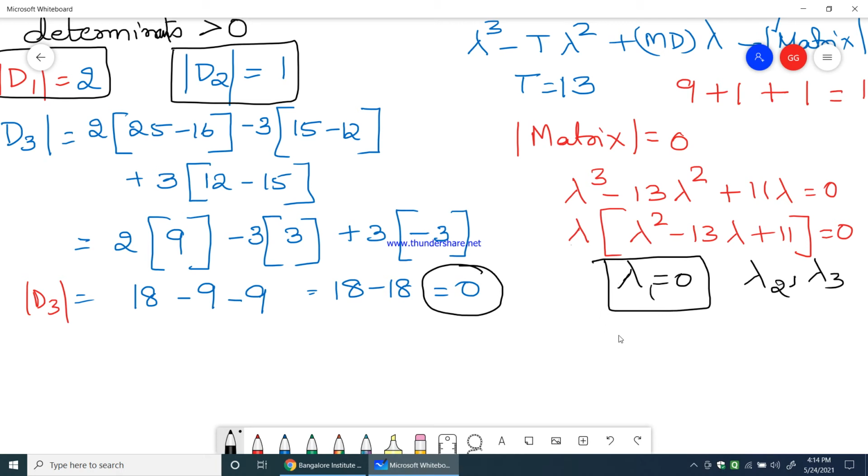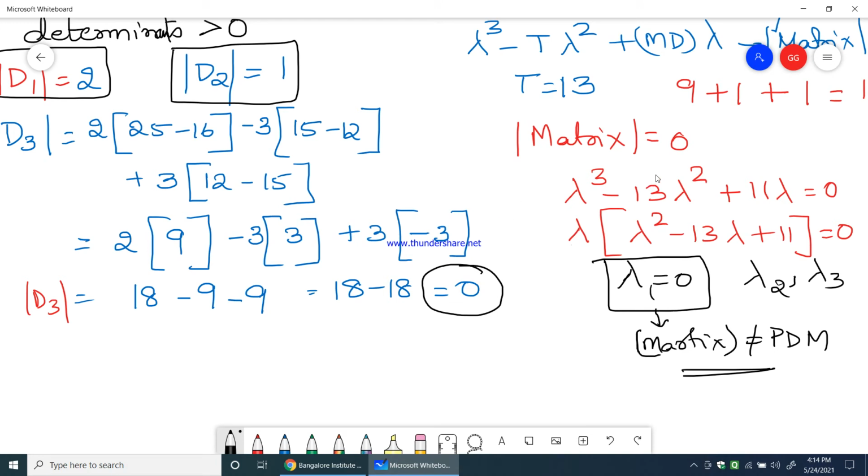Therefore, as the eigenvalue is 0, this matrix is not a positive definite matrix, right? As the eigenvalue is 0, therefore this matrix is not a positive definite matrix. Okay, this is the answer.